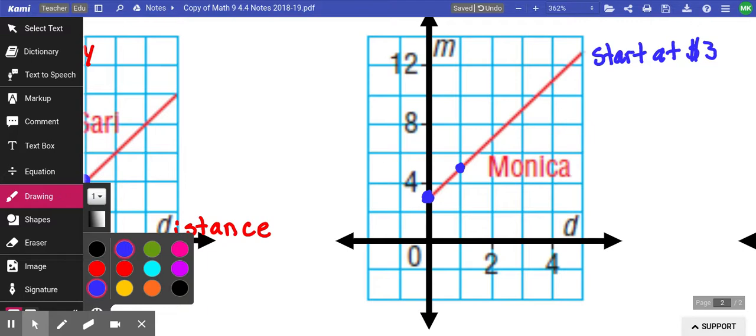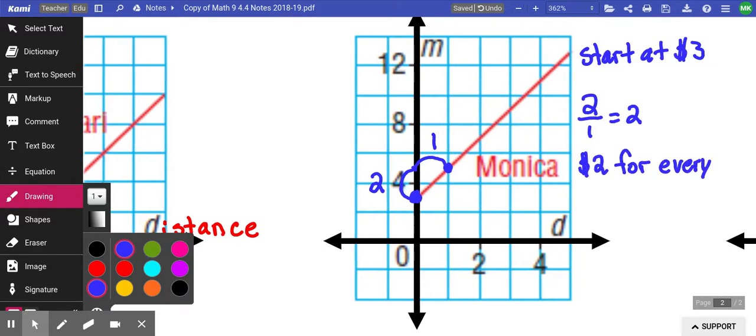That means she goes up 2 from 3 to 5 over 1. So 2 over 1 equals 2. That's the rate at which she makes money. So she's getting $2 for every kilometer.